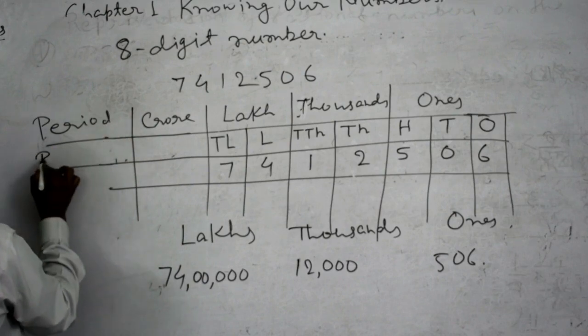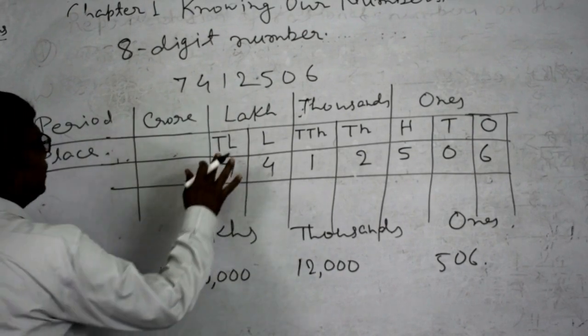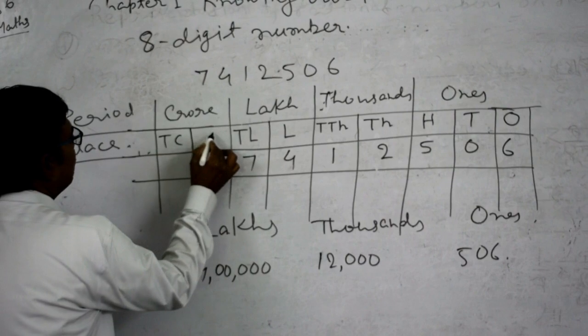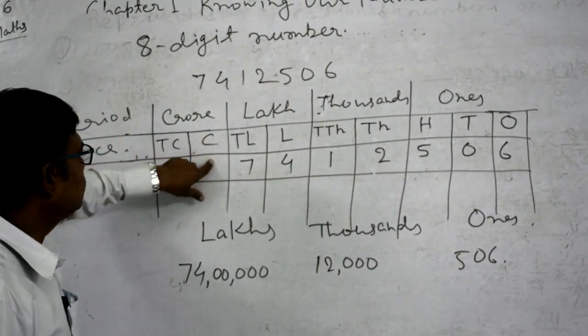And then the places: 10 lakh, and in this again you have two places, that is 10 crore and also crore. Okay, so up to this you have an 8-digit number.